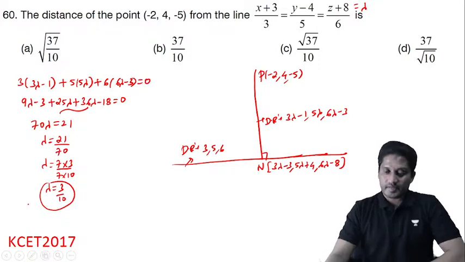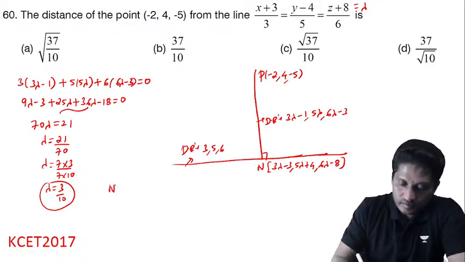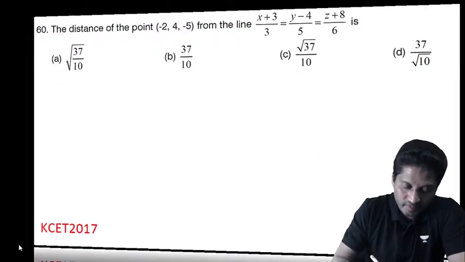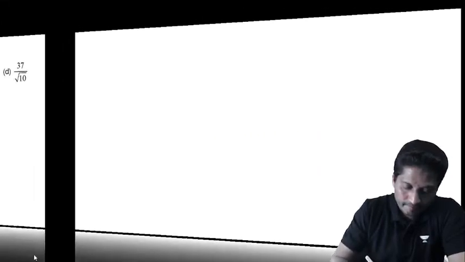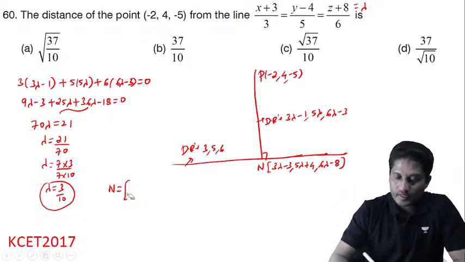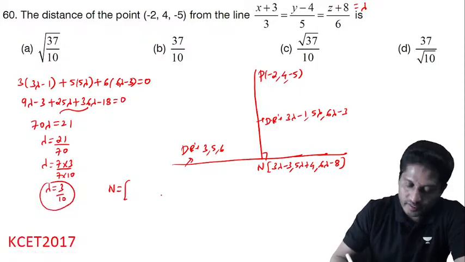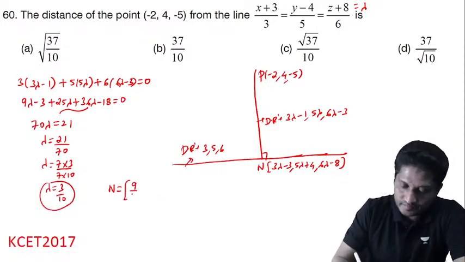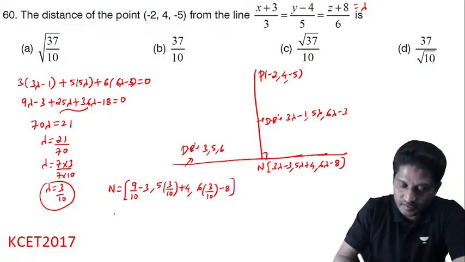Okay, now this foot of the perpendicular will be equal to 3 lambda minus 3, 5 lambda plus 4, 6 lambda minus 8. So lambda is 3 by 10. If I substitute here, you will get 9 by 10 minus 3, and then this is 5 into 3 by 10 plus 4, comma 6 into 3 by 10 minus 8. Okay, let me simplify this.